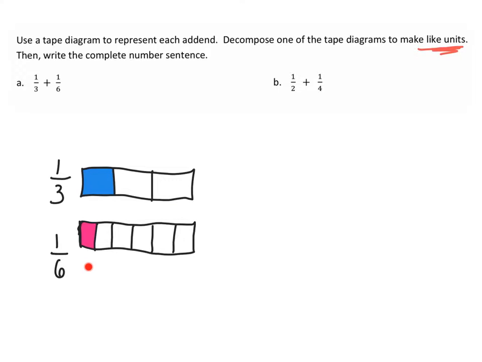So now what we want to do is go back up to 1/3 and make it a common denominator, make it the same unit as that 6. Since these are greater than what's down here, we want to cut this up to get it into 6. Okay, so now let's try to do that. Let's cut this up into 6.